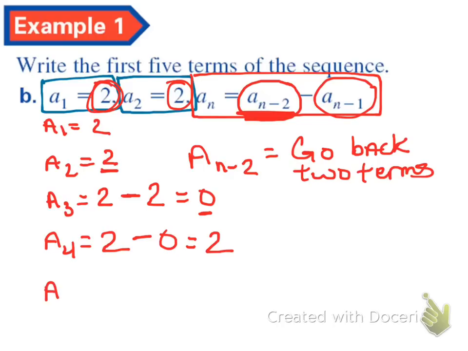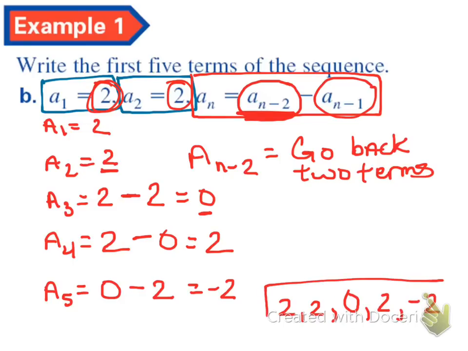To get the fifth term, we need to go back 2 terms, which would be the third term, which is 0, minus the previous term, which is the fourth term, 2. So 0 minus 2, we would end up with negative 2. Our first 5 terms then are 2, 2, 0, 2, and negative 2.